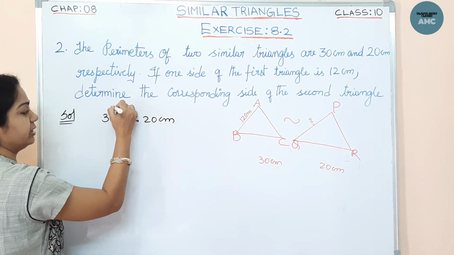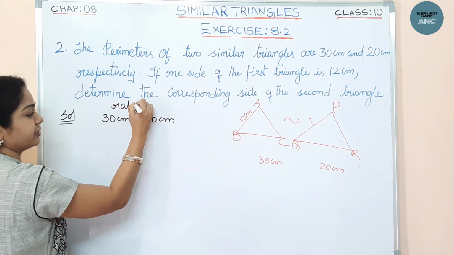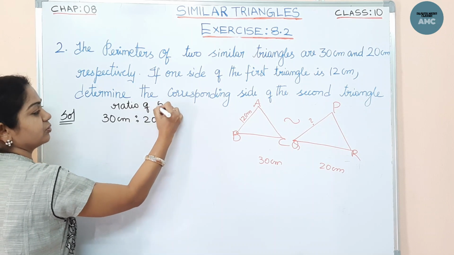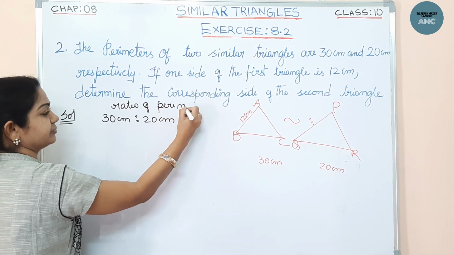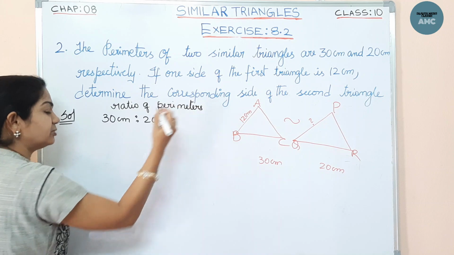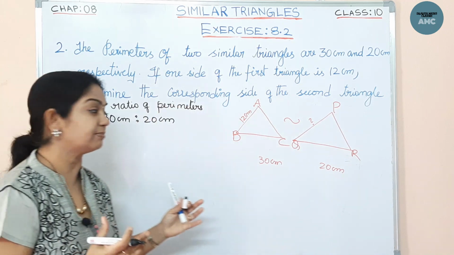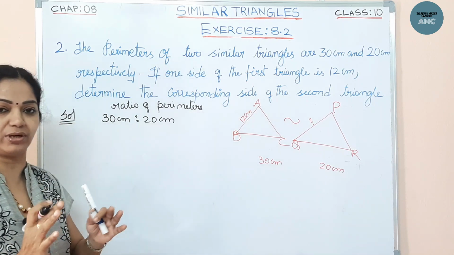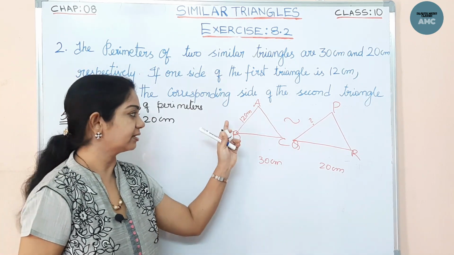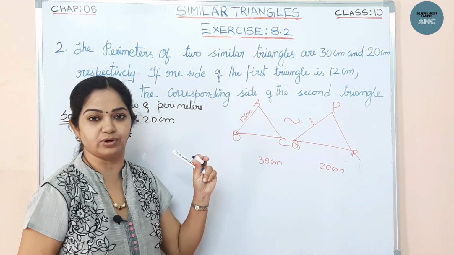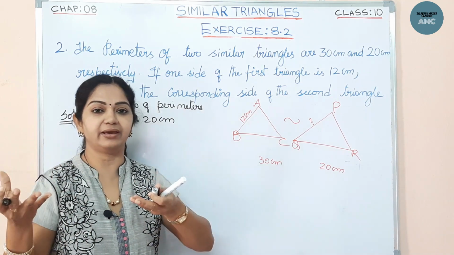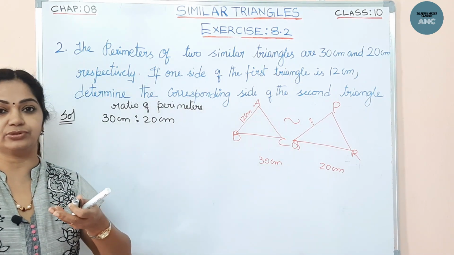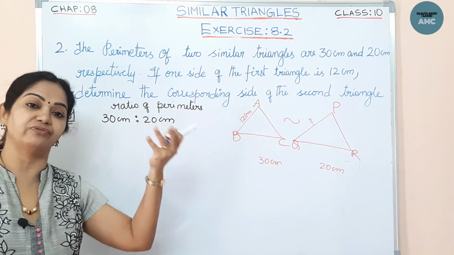What I have written is the ratio of their perimeters. You need to understand that a perimeter is nothing but the sum of the sides. I want one side, not the other sides, the side corresponding to this side. So I'll be comparing the ratio of perimeters to the ratio of their sides.